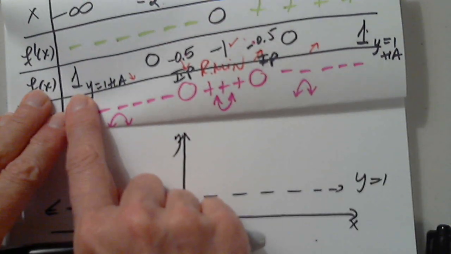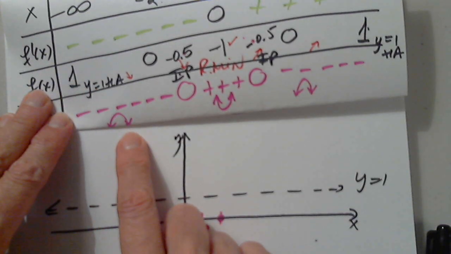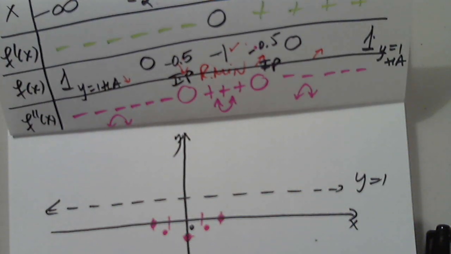Starting from approaching 1, opening down, decreasing to this point of intersection. Okay, fine.